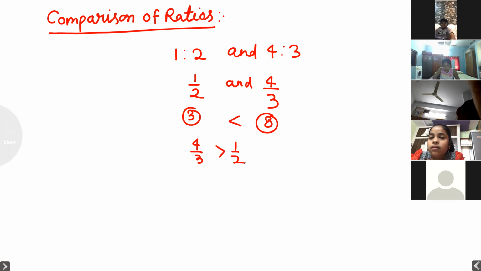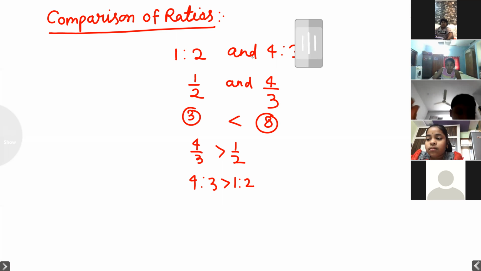What is the meaning of 4 by 3? 4 is to 3 is greater than 1 is to 2. Simple concept, students. We have already learned this concept in the fraction chapter. Understood everyone? Yes. Now below there are 3 steps.